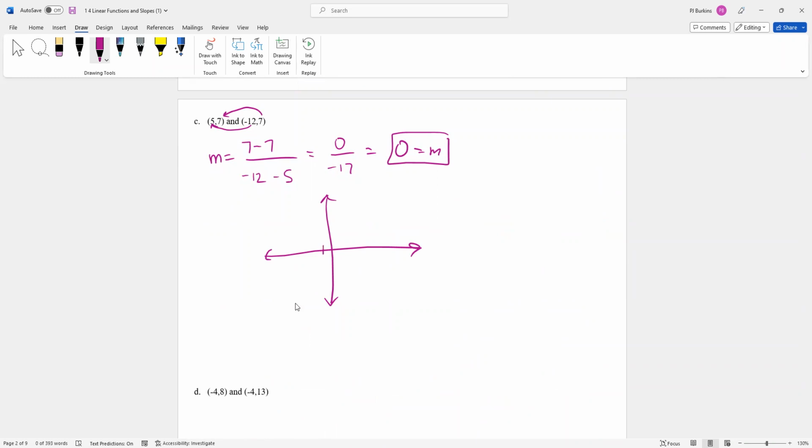So let's do 2, 4, 6, 8, 10, 12. Okay, so we're going by twos. And then up 7. Okay, so -12, 7. And then 5. So 2, 4, 5 would be in the middle, 7. Okay. So we see we have a horizontal line.